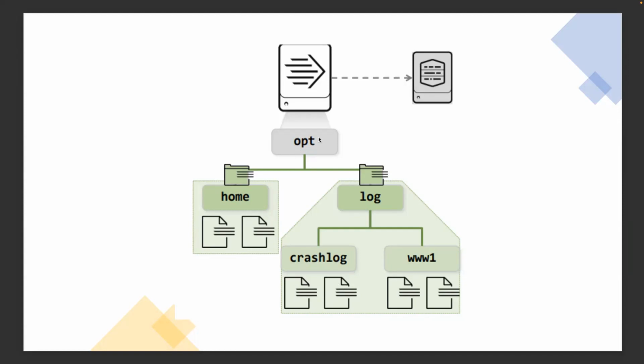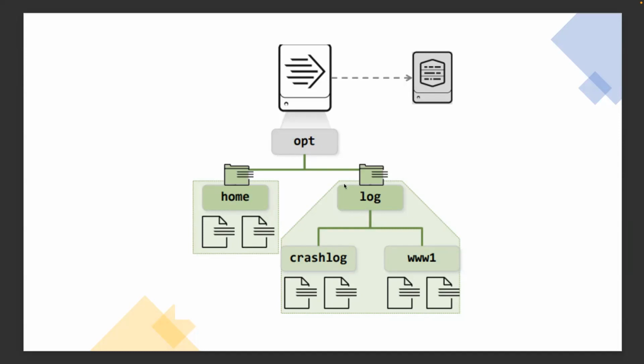When we are monitoring OPT, it would go in, look at this log, and realize that we have these two directories inside of log. It would go into the two directories, to the bottom, to the last file, and look at all the files in it. The same here, because home is part of OPT, it goes into home again and looks at everything.